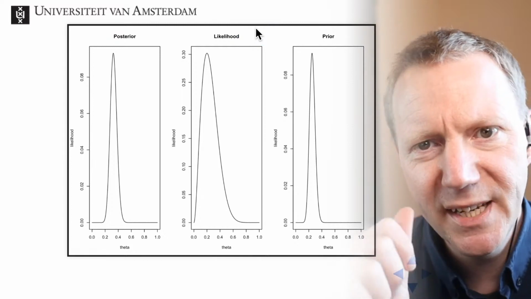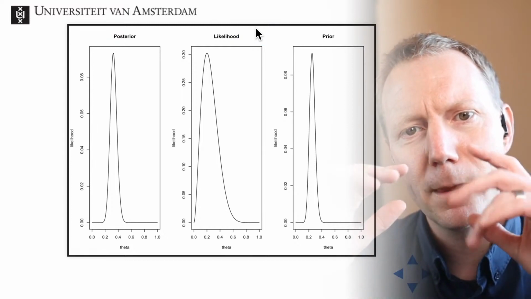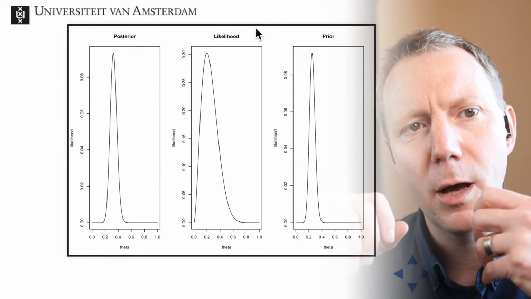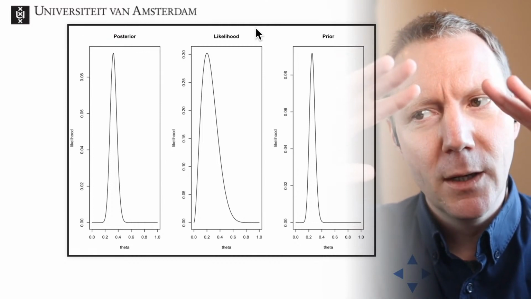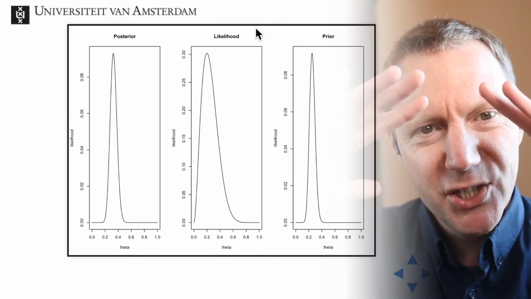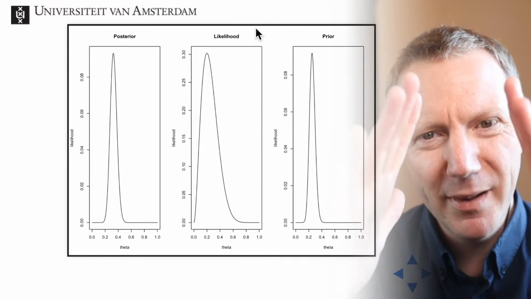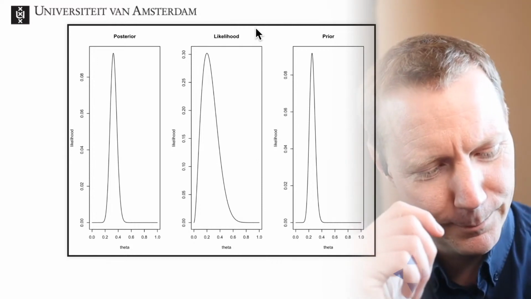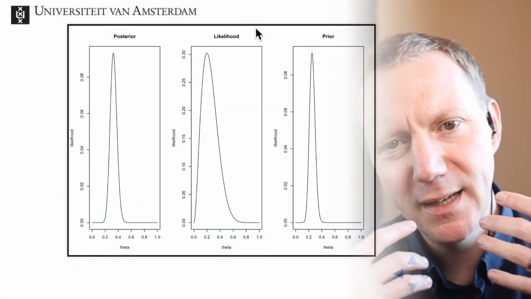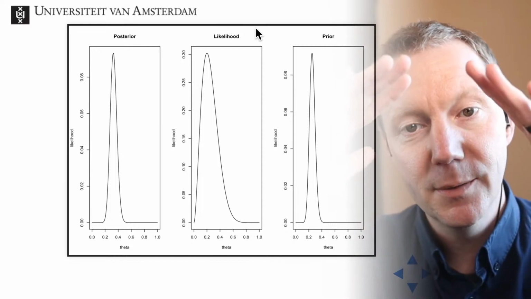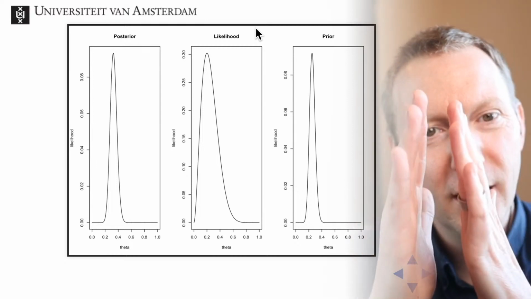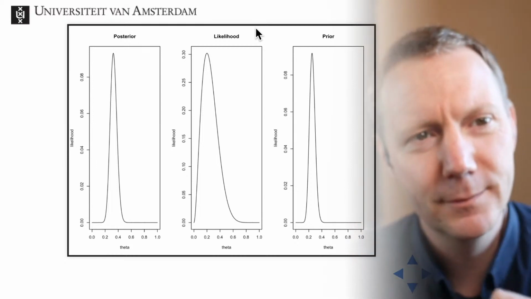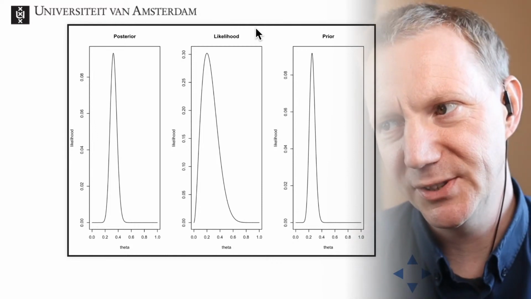So you could have a prior belief where you could increase your certainty in that belief by making your distribution narrower, and in terms of data, you could make your confidence in your data higher by having a higher sample size. And the same holds there.